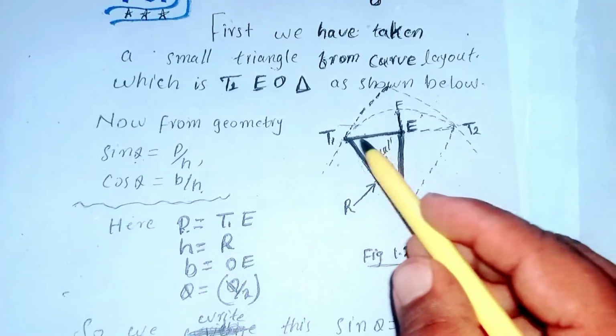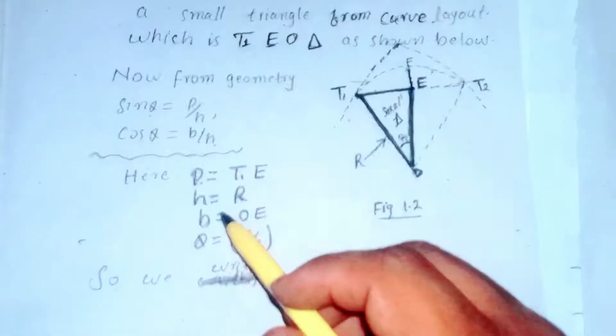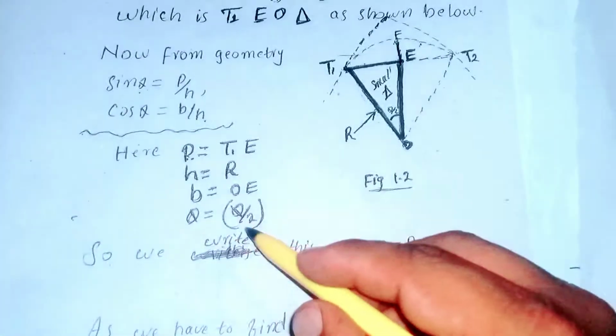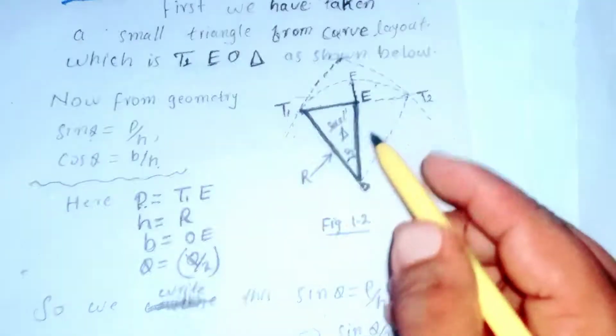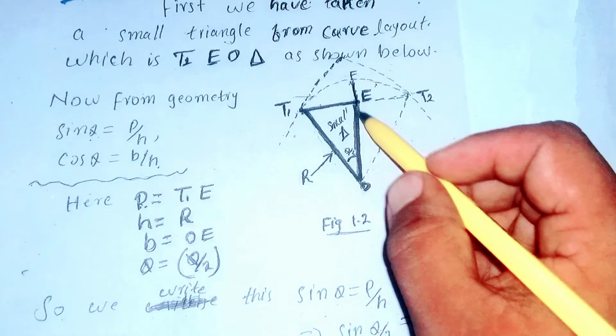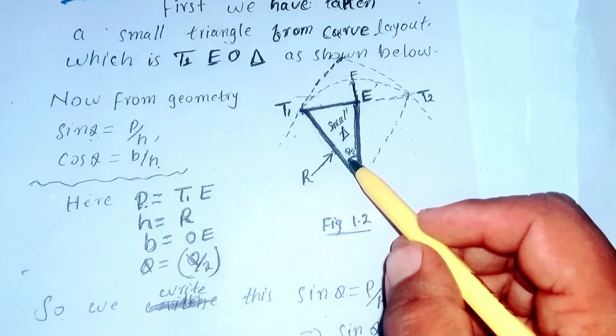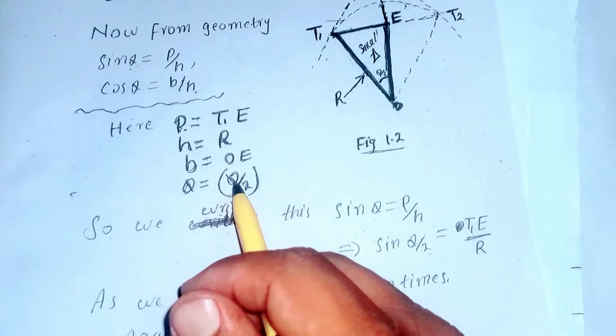Because the whole angle is theta, and we divide this angle into two parts, therefore the angle in this triangle is theta divided by 2.